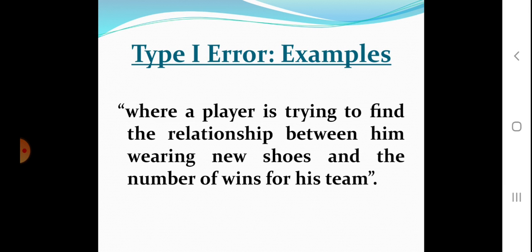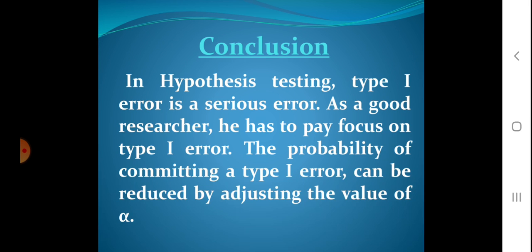Students, now it's time to end this session. So, conclusion. From the above discussion, we can conclude that in hypothesis testing, type 1 error is a very serious error compared to type 2 error.